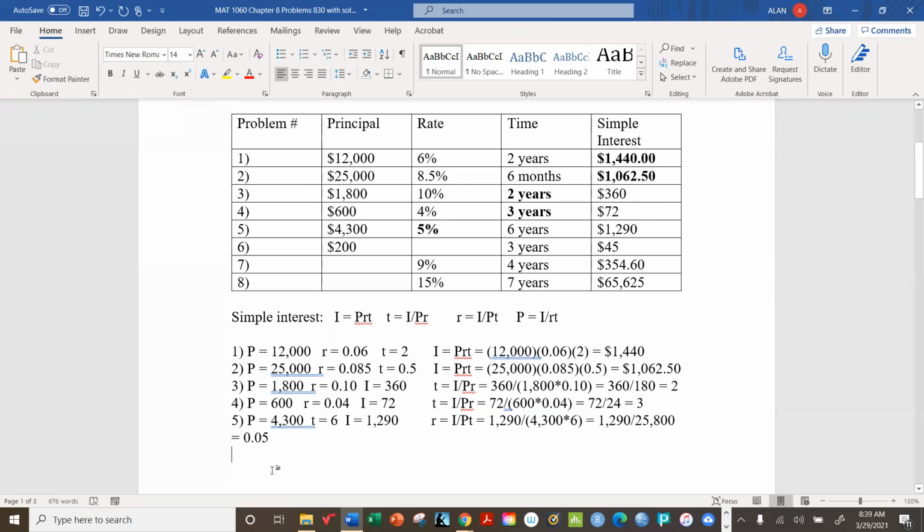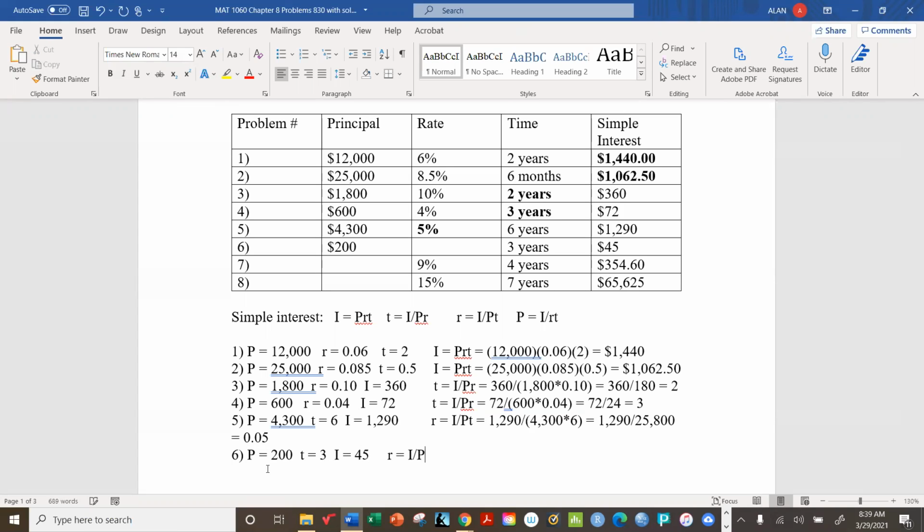And then number 6, we're told, once again, this is a rate problem. P is 200, okay? And then T is 3 years, and I is 45.